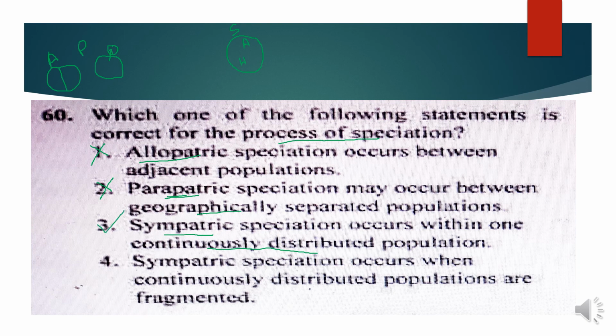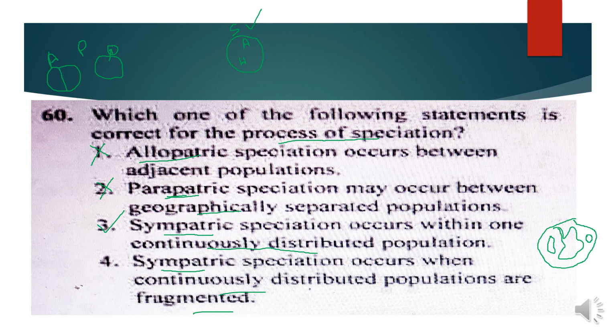Now the fourth option: sympatric speciation occurs when a continuously distributed population is fragmented. What they are saying here is that a continuous population gradually becomes fragmented into many small subpopulations.